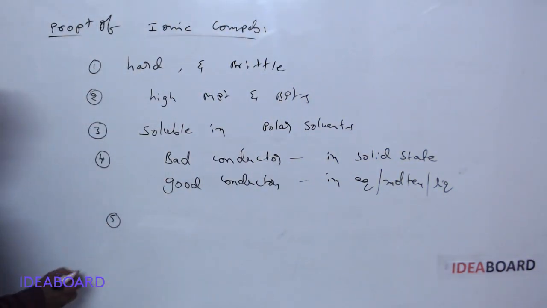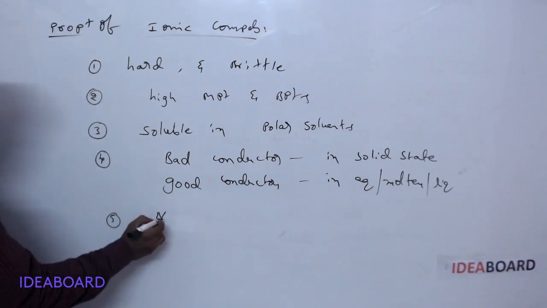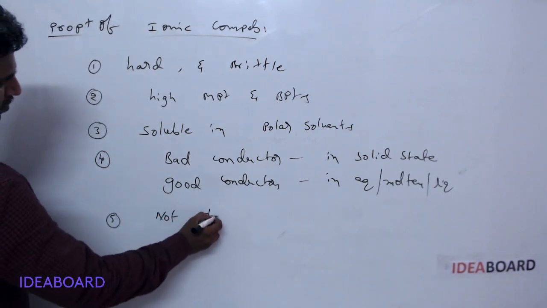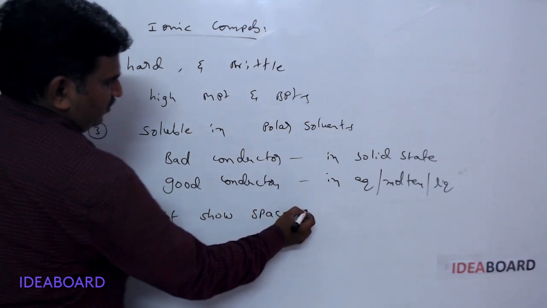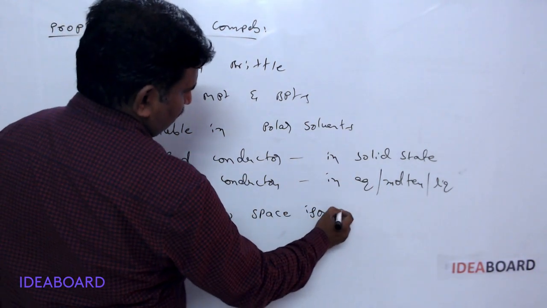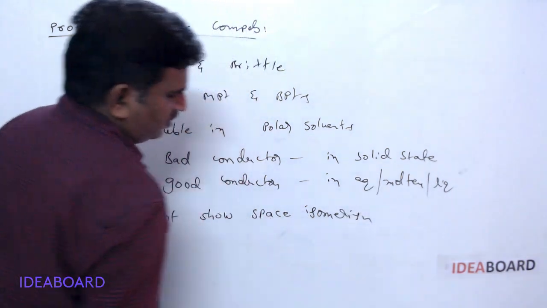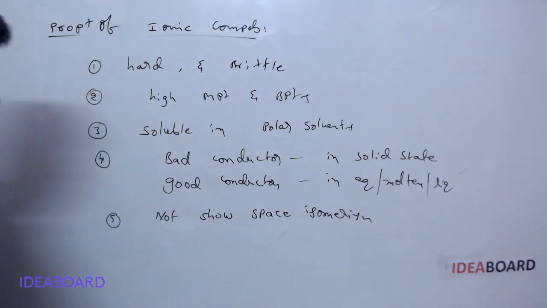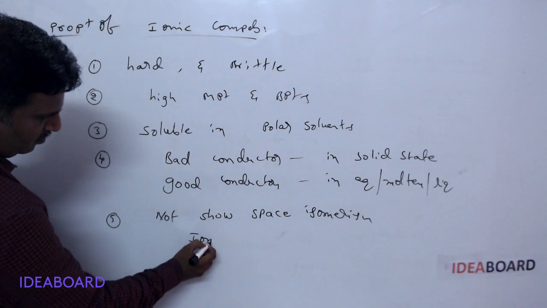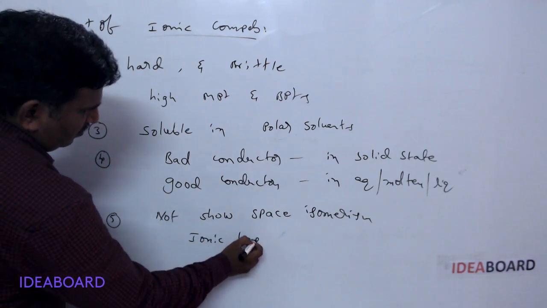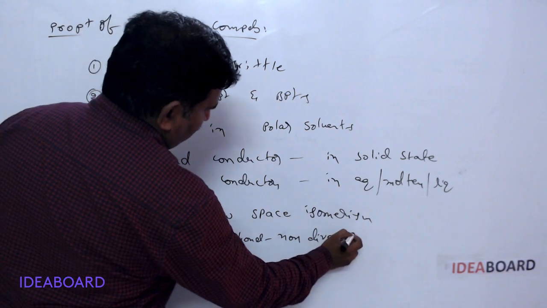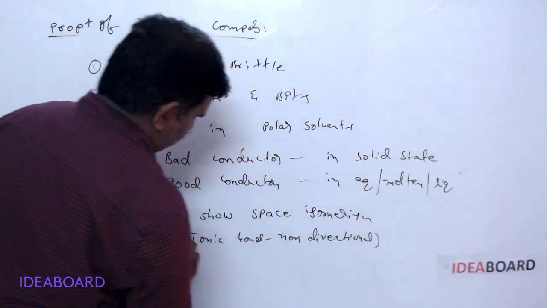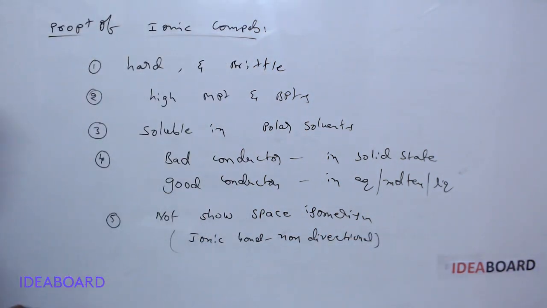And next, ionic compounds do not show space isomerism. Why? Because the ionic bond is a non-directional bond, so it doesn't show isomerism.